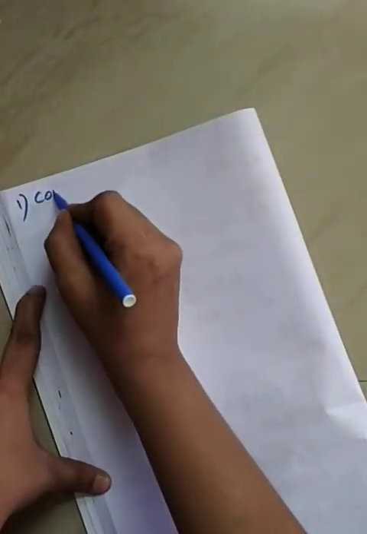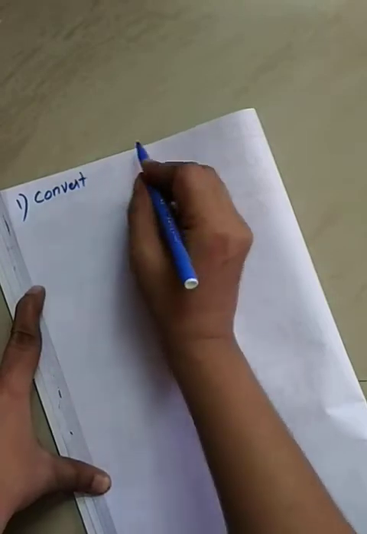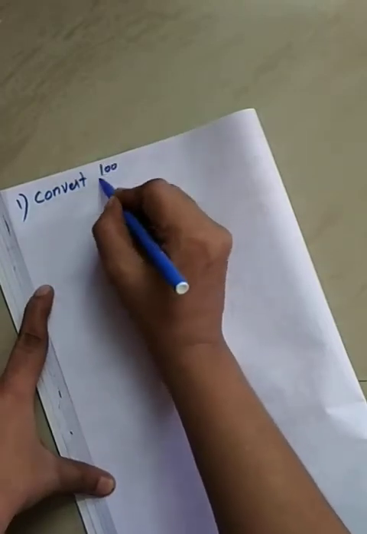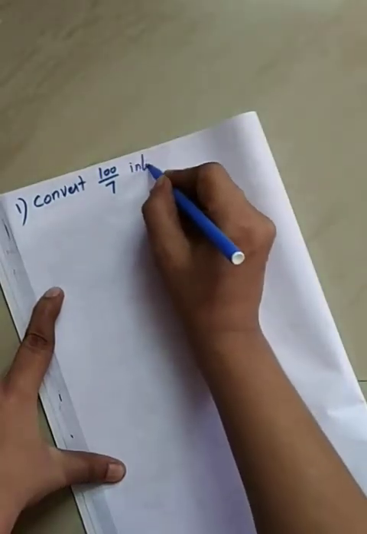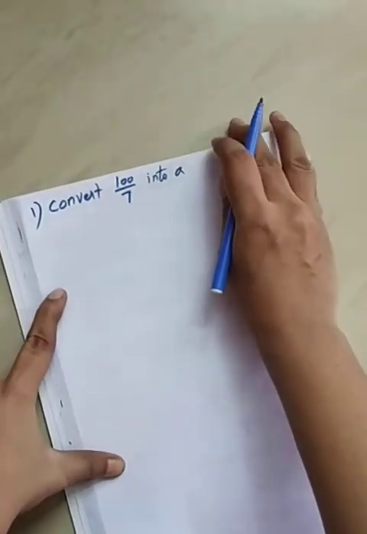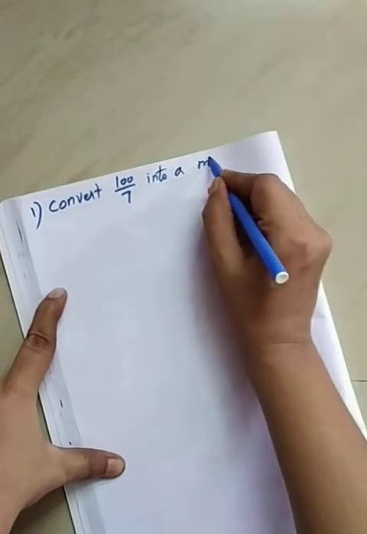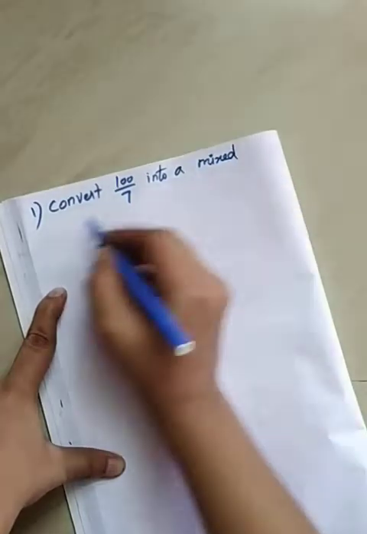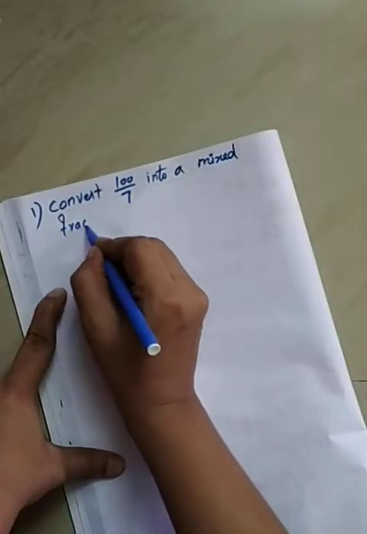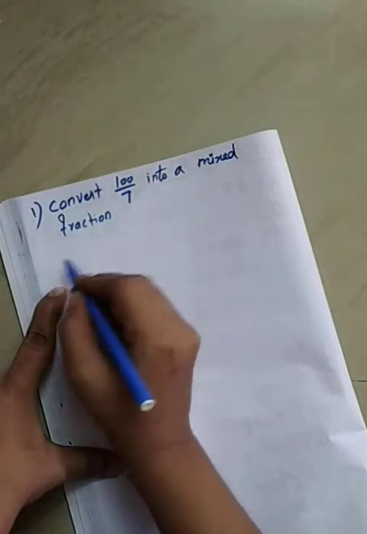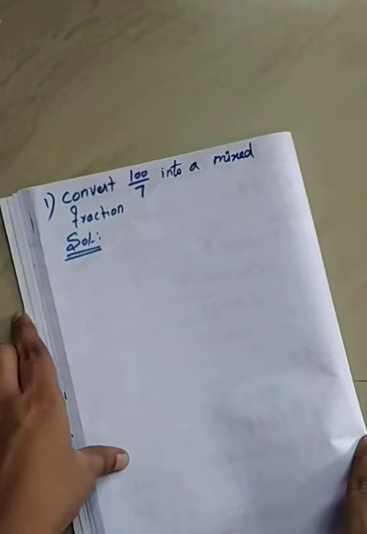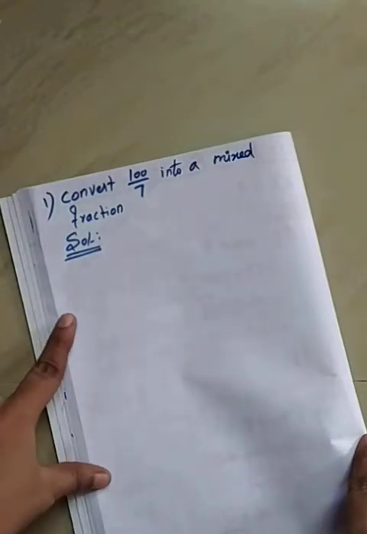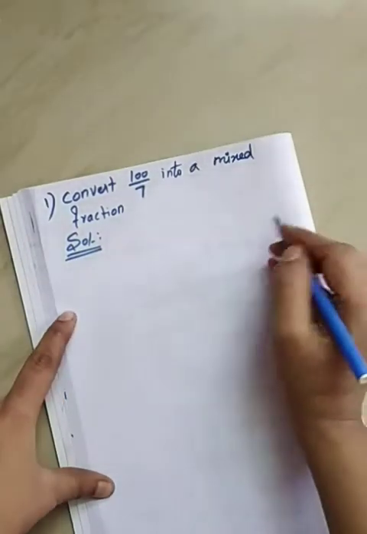Convert 100 divided by 7 into a mixed fraction. See, 100 divided by 7. How can you write the mixed fraction?